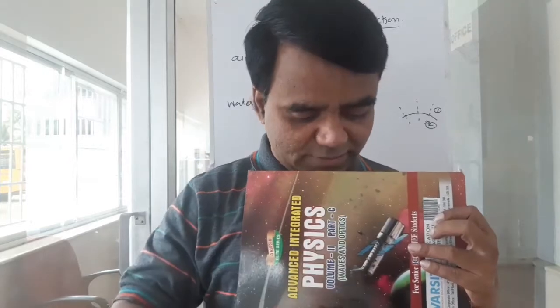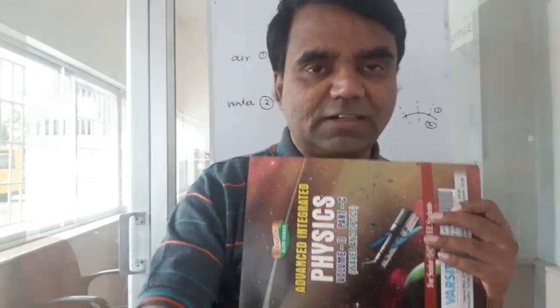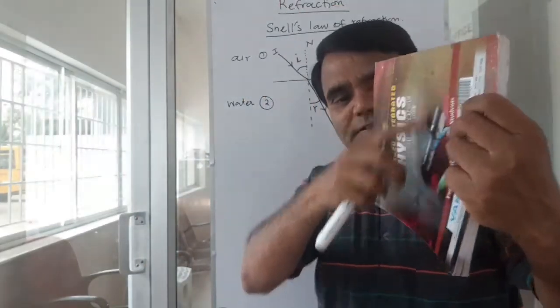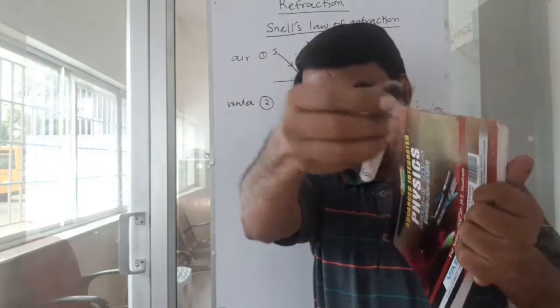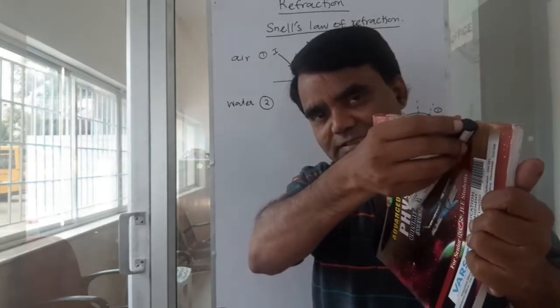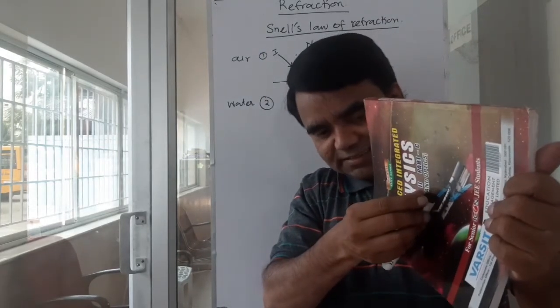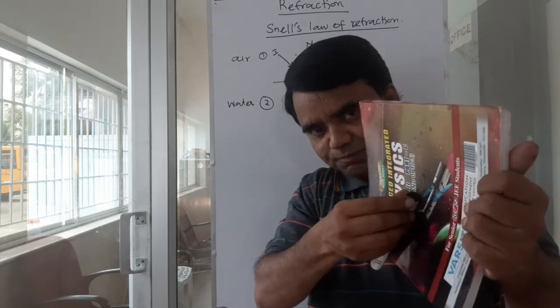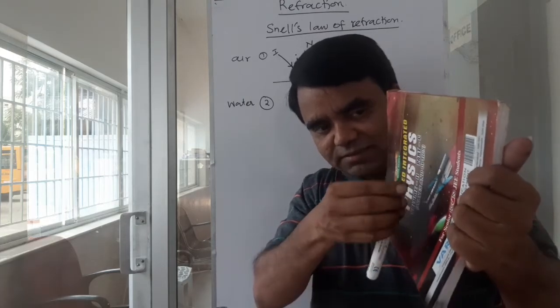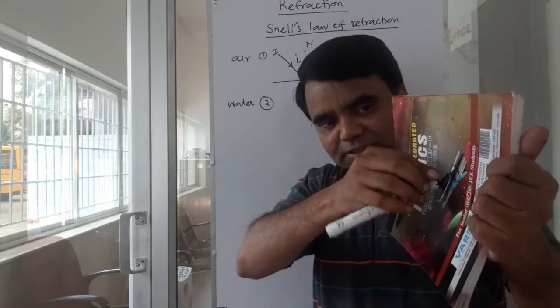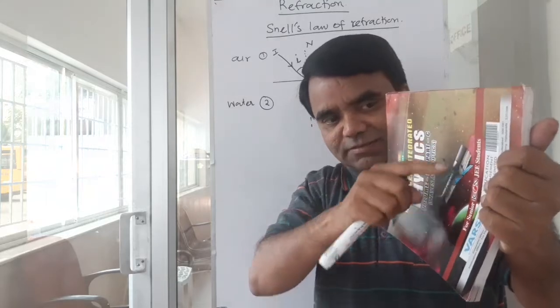It cannot hit here and then refract at an angle. Suppose this is the ray, coming here, and it hits at the center. The refracted ray has to go like this. It cannot go like this, even though you can say that it can still make the same angle.